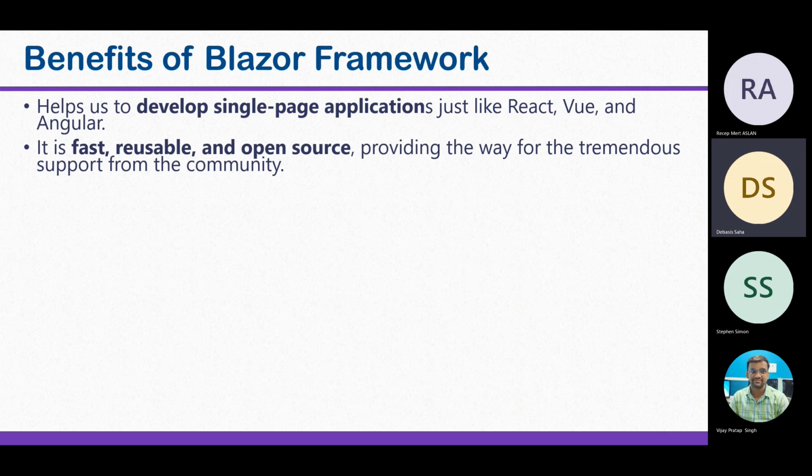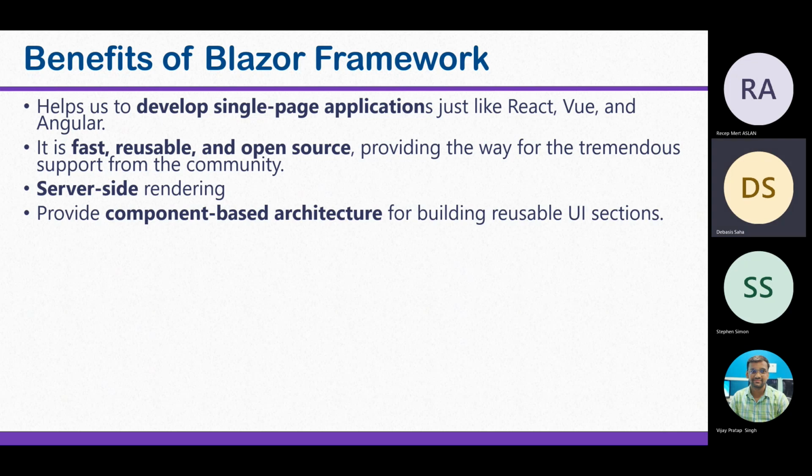We can use the reusable concept and the open source functionality in the Blazor framework as well. Blazor provides server-side rendering along with client-side rendering, so it reduces lots of work from a development point of view. It provides a component-based architecture for building reusable UI sections.